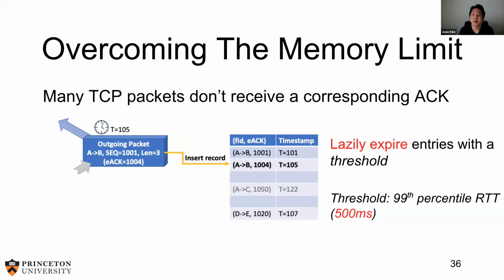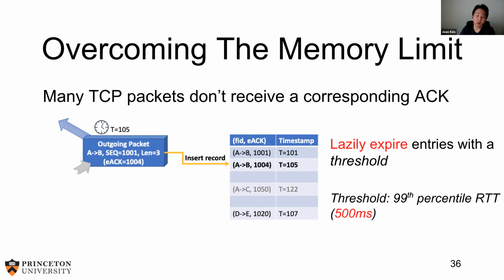To overcome the memory limit, one technique we used was this: looking at the real campus traffic, we figured out that many TCP packets don't receive a corresponding ACK. This can be because there's a lot of SYN flooding or some scanning happening, or it could be just that generally not much TCP traffic has a corresponding ACK. If you have too many packets which will not match a corresponding ACK, that's wasting a lot of space, right?